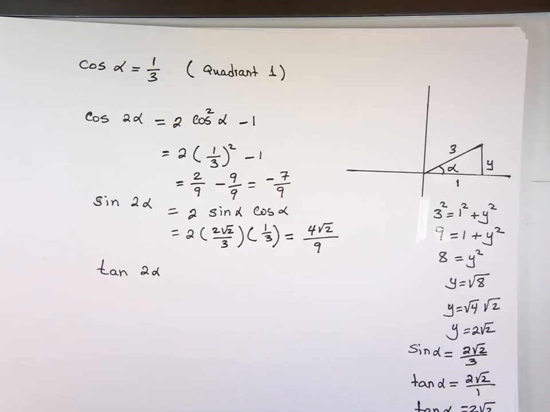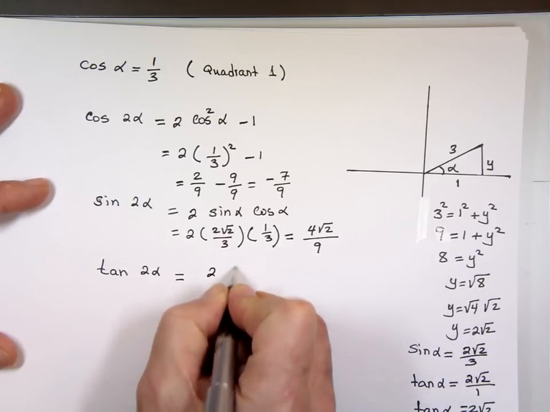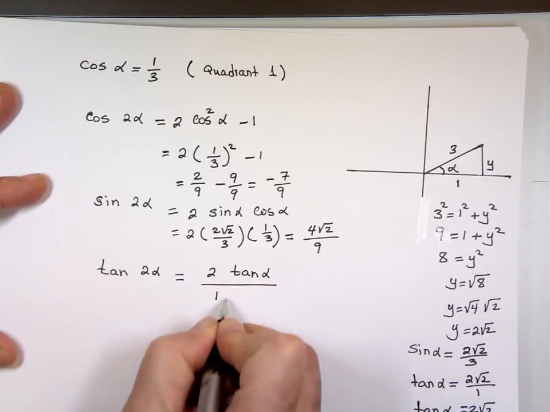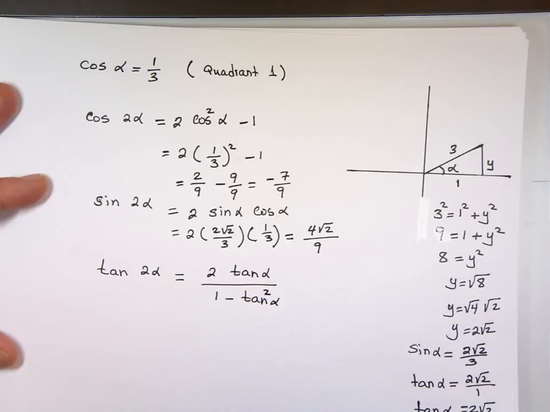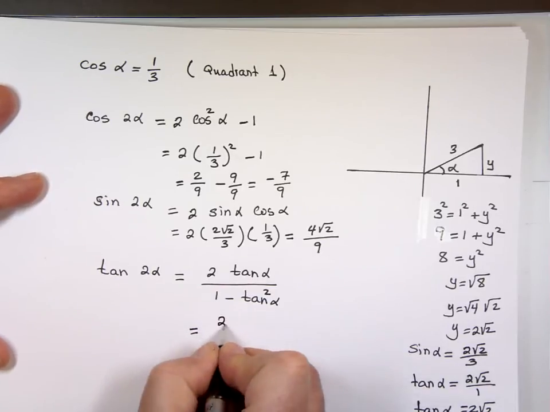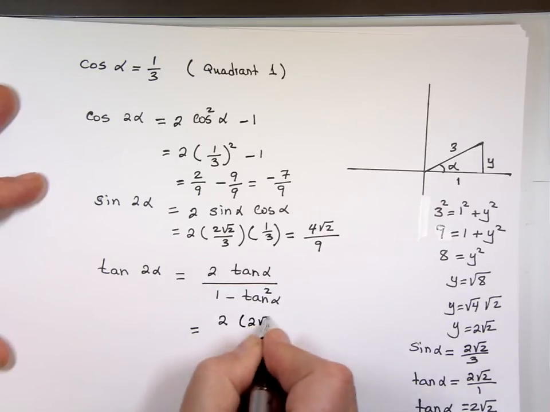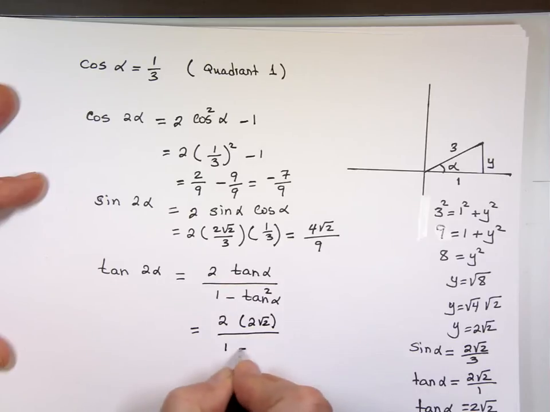What about tangent 2 alpha? 2 times tangent alpha over 1 minus tangent alpha squared. Two times, I know what tangent alpha is right there. It's 2 the square root of 2 over 1 minus 2 the square root of 2 squared.